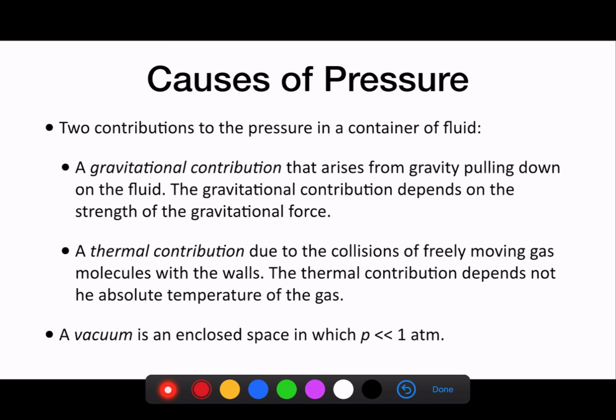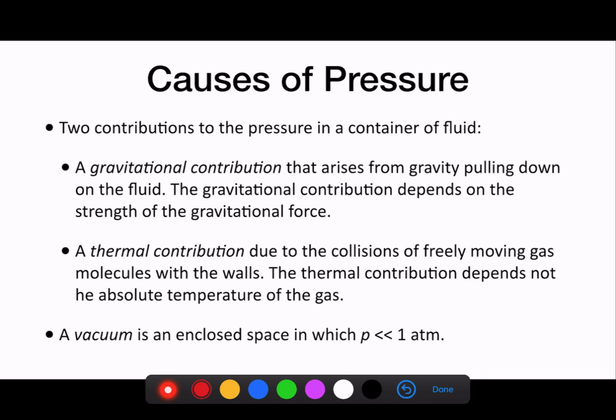The thermal contribution depends, there's a bit of a typo there, on the absolute temperature of the gas. So that temperature of the gas will change the pressure of the container that's holding that particular fluid.